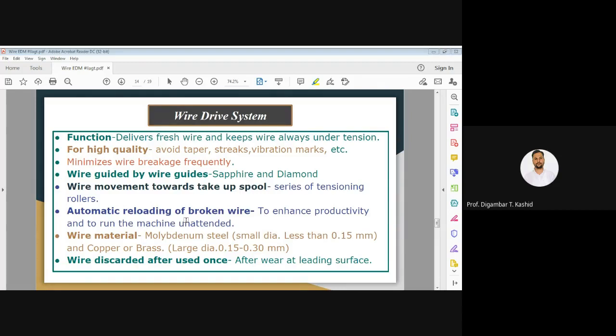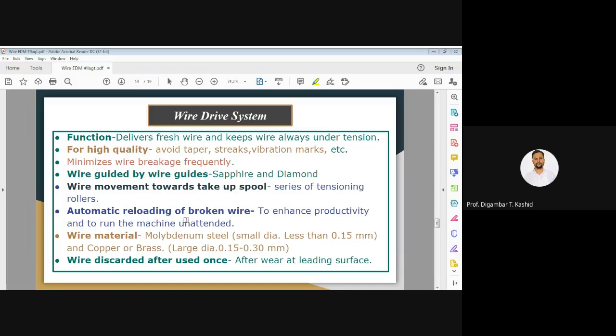Frequently your wire may break, so to reload that broken wire you should have some automation. Through automation of the reloading of the broken wire, you can enhance the productivity, and to run the machine unattended, you should go for the automation of wire reloading.